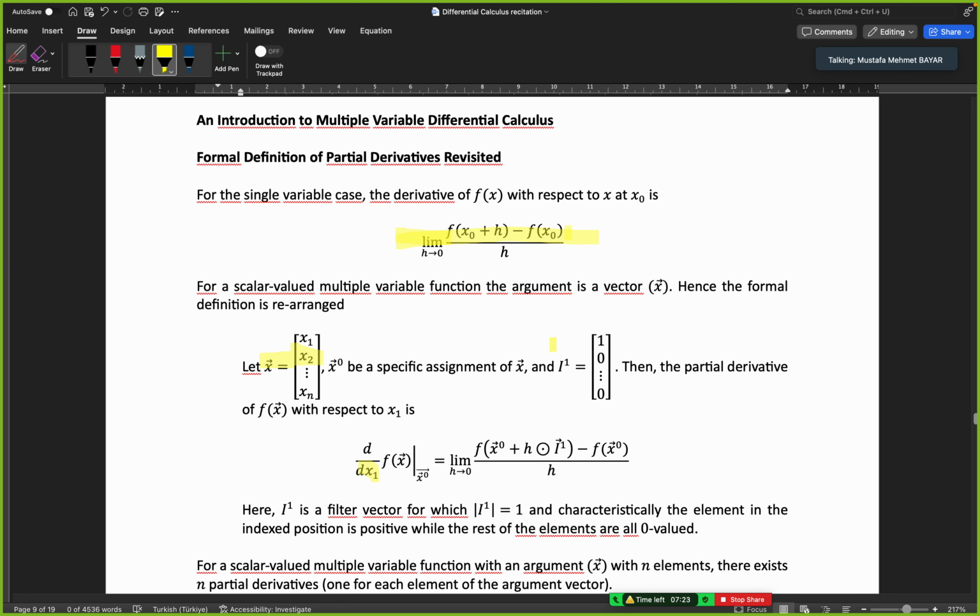Then, I just have to use a filter vector, for which only the first element is 1 and the rest of it is 0. And I will just multiply h using the Hadamard product operation with this filter vector, so that I observe the effect of change in just x1 and assume all other things equal, constant, not changed.